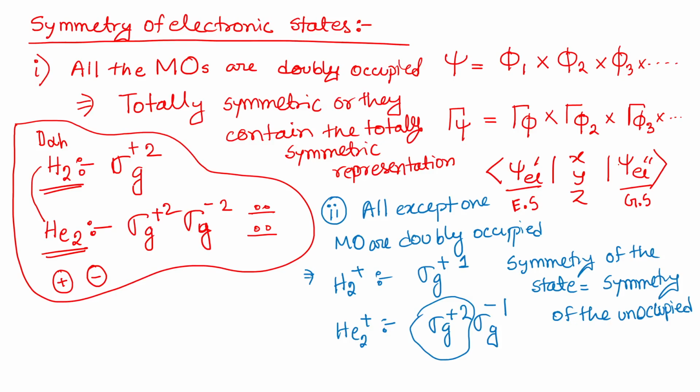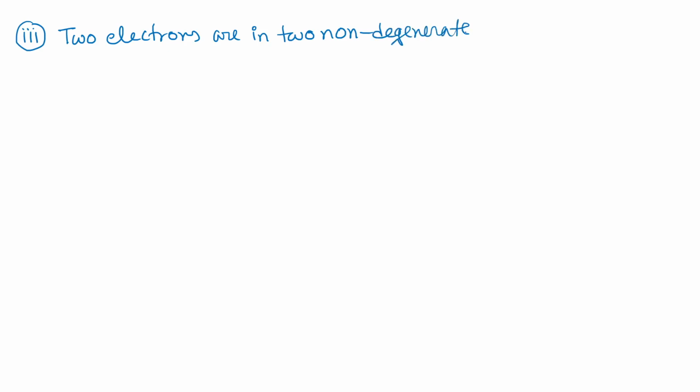Now, if we can understand this, let us go to the next step. Next condition: suppose two electrons are in two non-degenerate MOs. Like suppose an excited state. Let me start with this color 3. That two electrons are in two non-degenerate MOs.